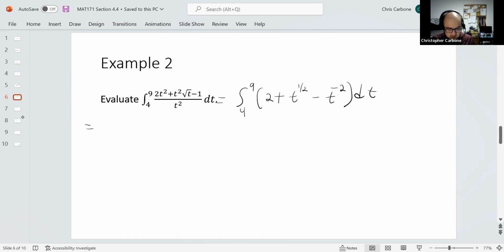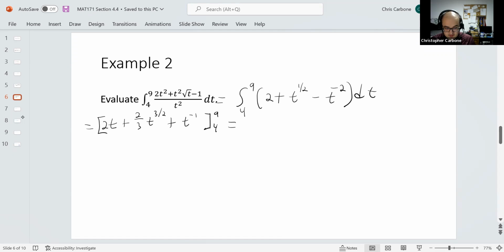So this makes 2t plus 2/3 times t to the 3/2 power plus t to the negative first, evaluated between those values of 4 and 9.